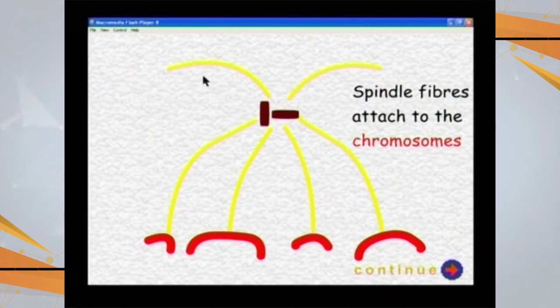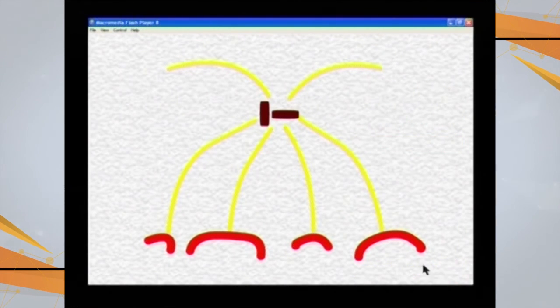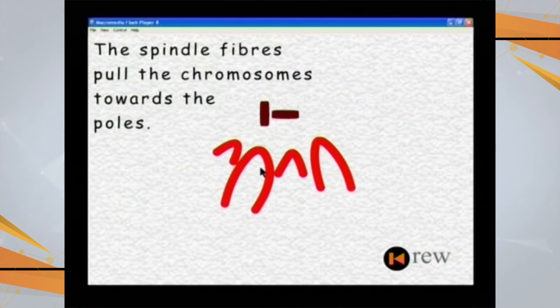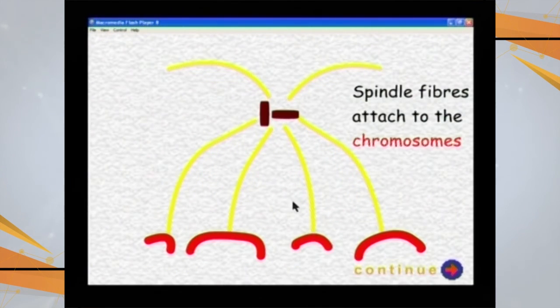These spindle fibers get attached to the chromosome at the centromeres, and once pull is exerted by these spindle fibers, the chromatids are going to move apart, split apart. So movement of these chromatids of the chromosome towards the pole is the main function of the centriole.